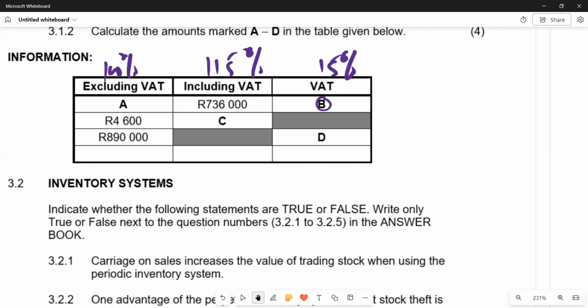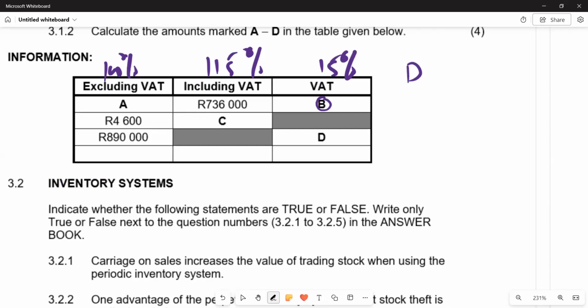So our D, which is the last one, gives us the last part where we have VAT. We're given the VAT exclusive value. So when I'm given the VAT exclusive and given the percentage, which is 15%, and I'm asked to find VAT, you can simply say 15% of 890,000, whereby you're saying the rate times VAT exclusive.